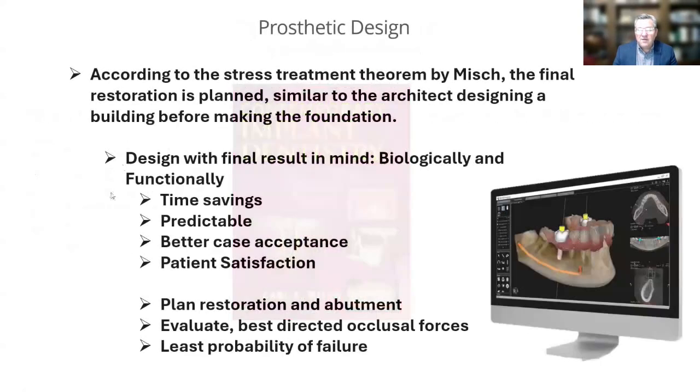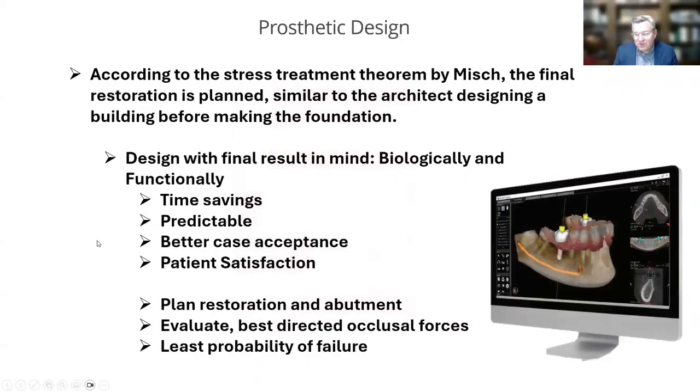So here's the book again. According to the stress treatment theorem that Dr. Misch set out in his book, the final restoration is planned, similar to an architect building a building. Like I mentioned, when I started in this industry, we were getting an implant in the lab, and the doctor said, "Okay, I placed this implant, successful, yay! Now restore it." It was where it was.